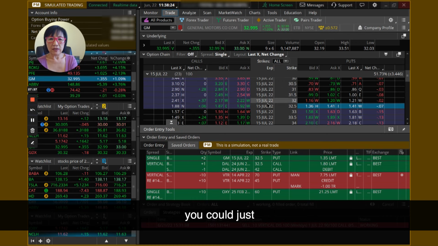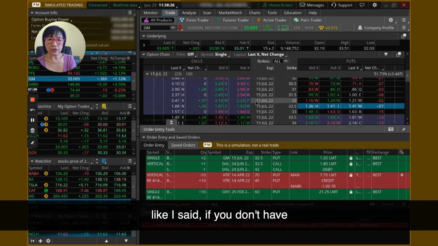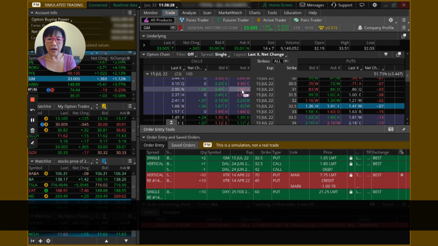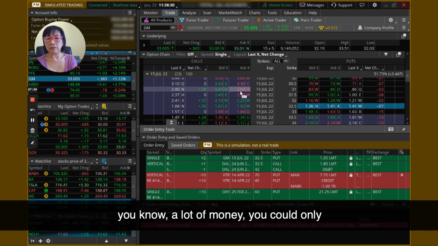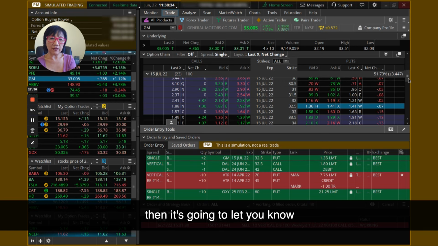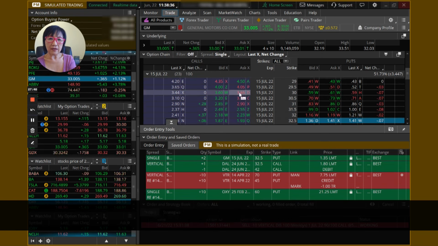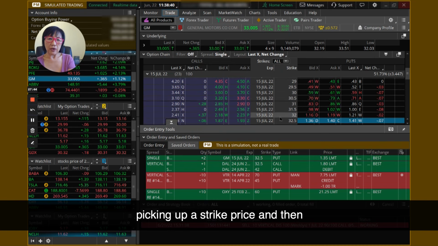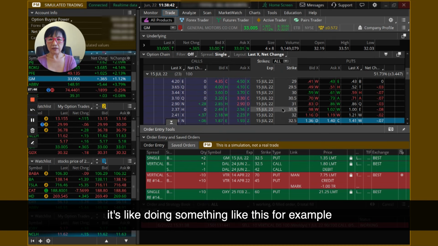So like I said, if you don't have a lot of money and you can only spend $350, then it lets you know right away, instead of picking a strike price first.